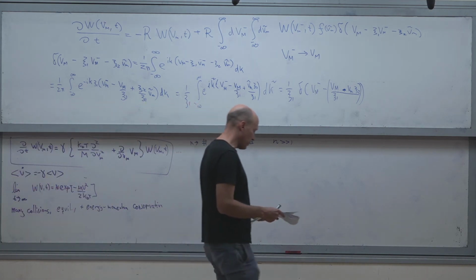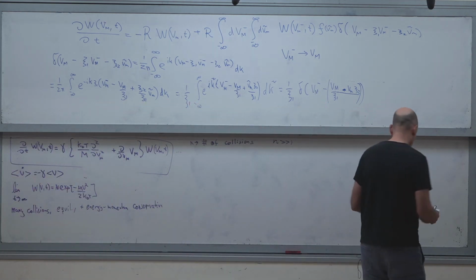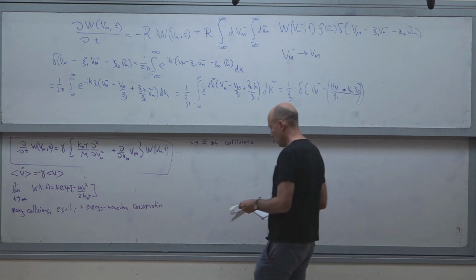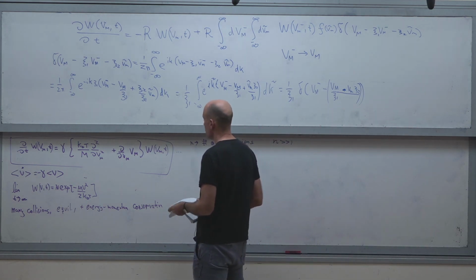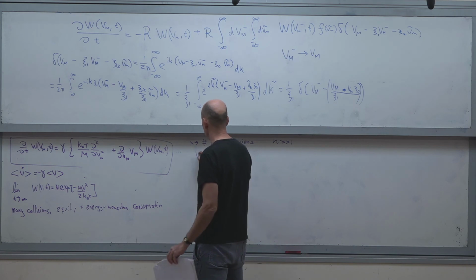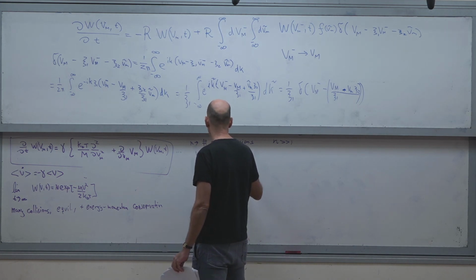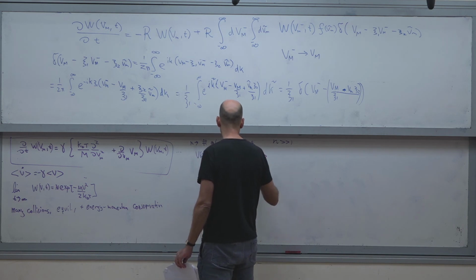Then I have a velocity distribution. So I have v0, then it goes to v0 times psi1 plus psi2 vm1.